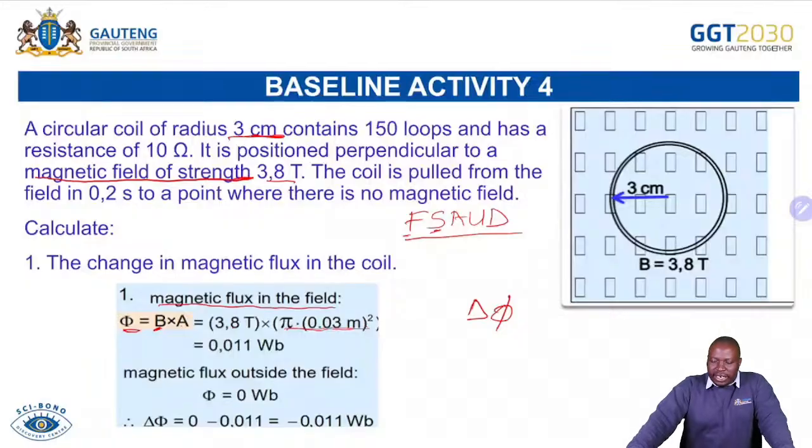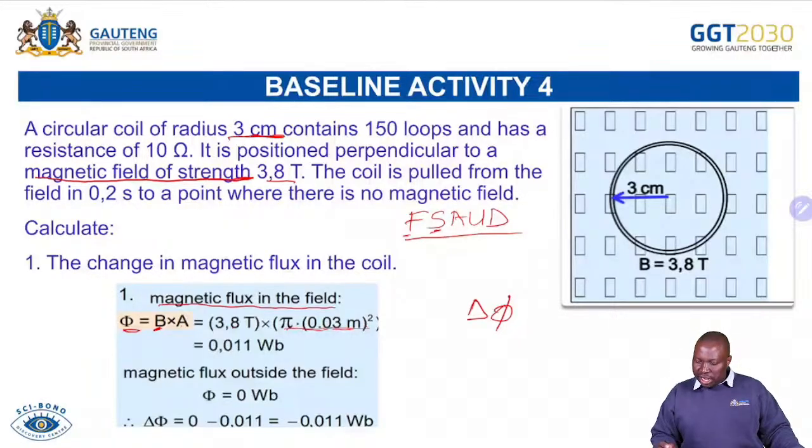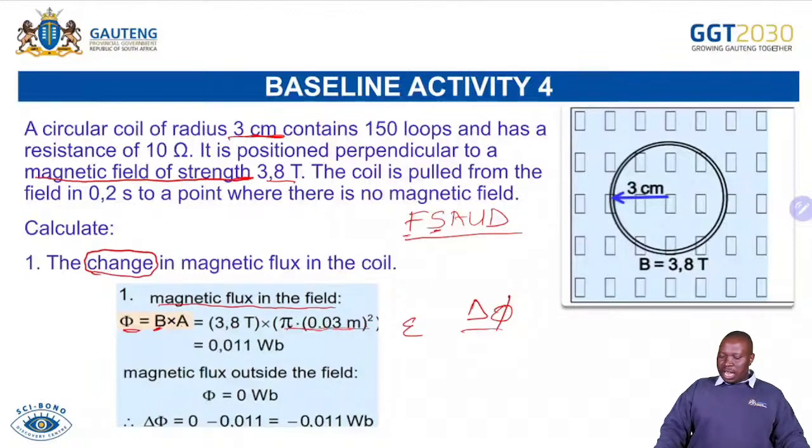And then what is the magnetic flux outside of the field? Outside the field, the magnetic flux was 0, and then you can say change. Remember, for you to use EMF, the question said calculate change in magnetic flux. So you must have the two values and subtract them.